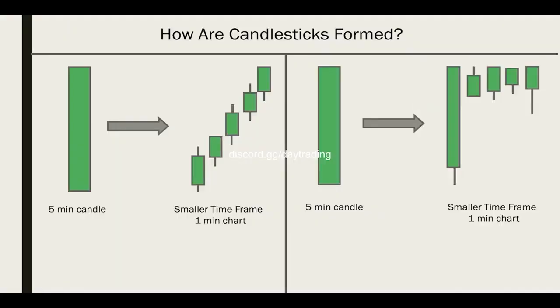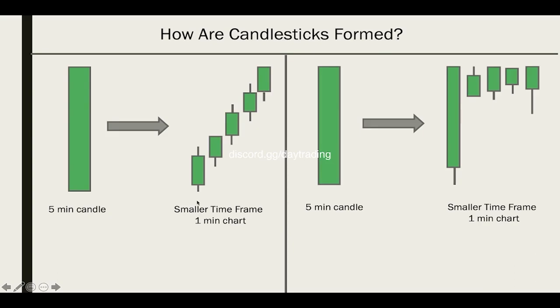And let's go into how they're actually formed. If we have a 5-minute candle, this diagram really shows the importance of looking at different time frames, because candles can form in different ways. This 5-minute candle is the same as this 5-minute candle, but they formed completely differently.